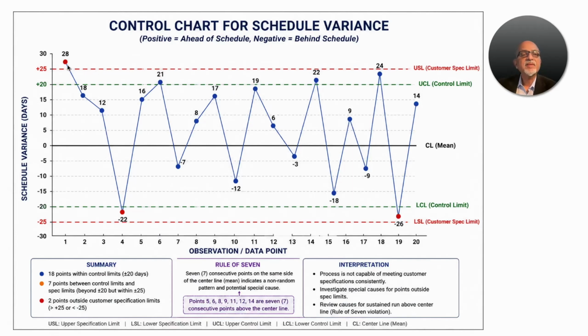Here, you see data point 28 is lying outside the customer specification limit as well. Now the customer has every reason to raise a complaint or put penalties, so you do a root cause analysis, take corrective action, and push it down. Here again, it is going outside the lower control limit.